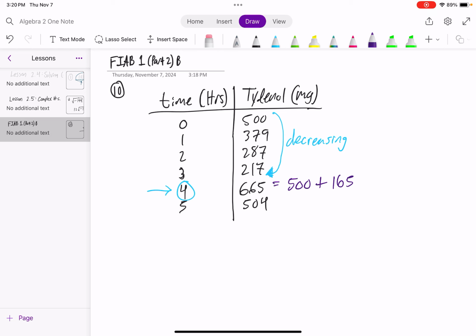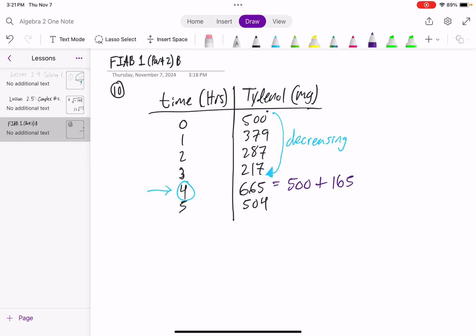So now, let's keep reading. It says the patient only takes 2 dosages. How many hours after the first dosage will the patient reach a level of Tylenol of only 100 milligrams? So it's asking, how much time after the first dosage?